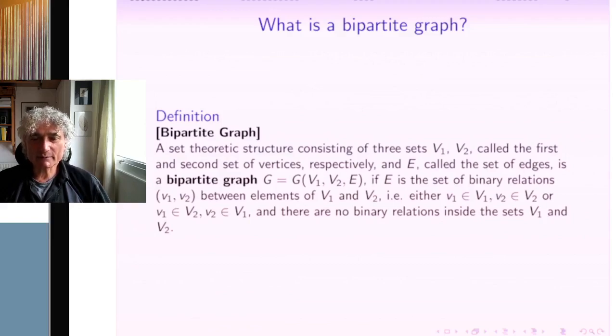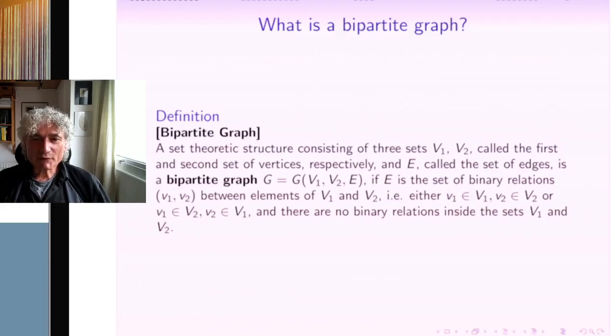So it can be written as a 2-tuple (v1, v2) between elements of V1 and V2. But here you need that either v1 is in V1 and v2 is in V2, or v1 is in V2 and v2 is in V1.